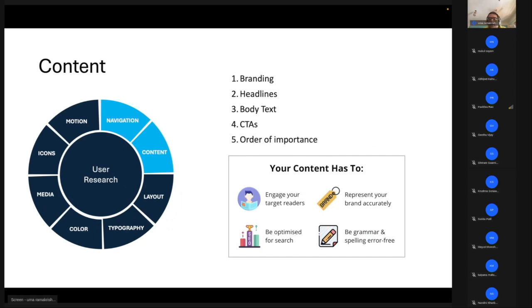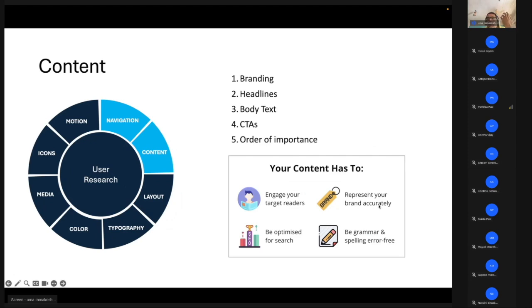If you look at this bottom box, this is an example of optimal content. It has to engage your target readers, so you have to hook your readers in. It has to be optimized for search. If your product is out in the world but it's not discoverable by search engines, again your product will fail. Then it has to represent the brand voice accurately.